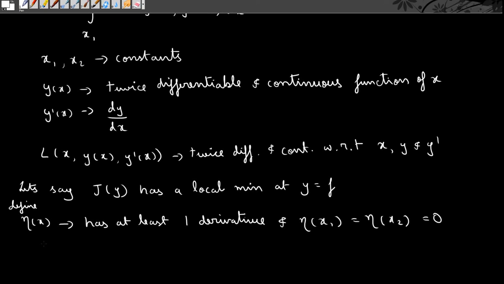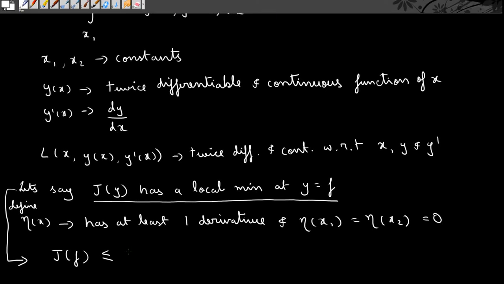Now, because of our assumption that J of y has a local minimum at y equal to f, this implies that J of f is always less than or equal to J of f plus epsilon times eta, where epsilon is close to 0.